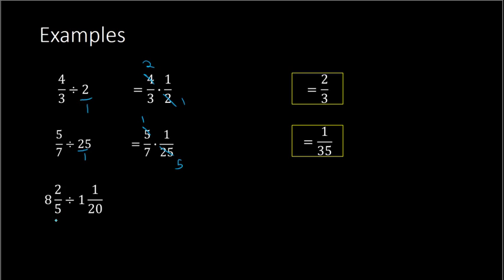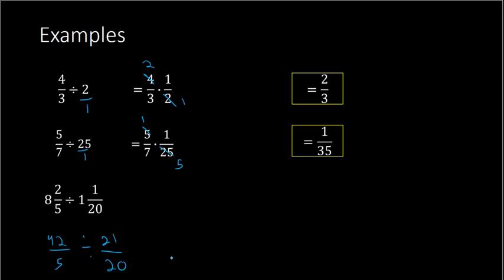Using the shortcut method, looking at 8 and 2/5, we would do 8 times 5 plus 2, and that gives us the numerator. 8 times 5 is 40, plus 2 is 42, and we put that over the 5. And then for 1 and 1/20, using the shortcut, we would do 1 times 20 plus 1 to get 21 on the top, and that is over 20 as our denominator.